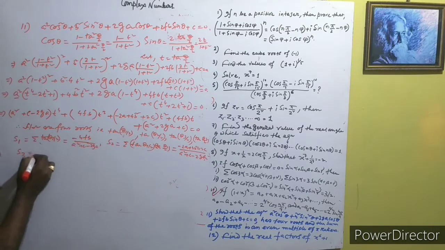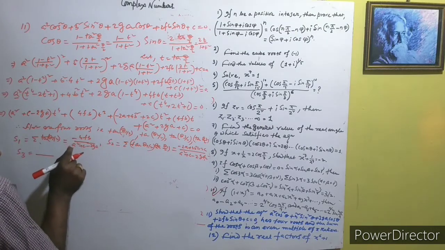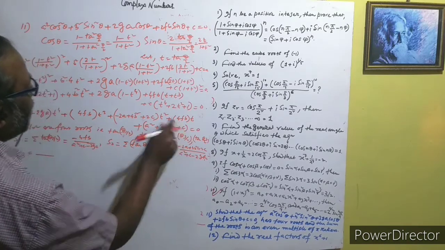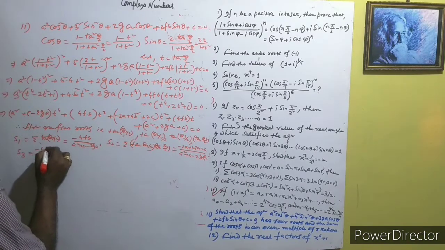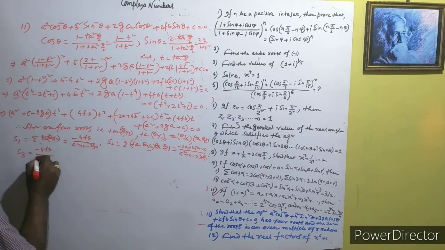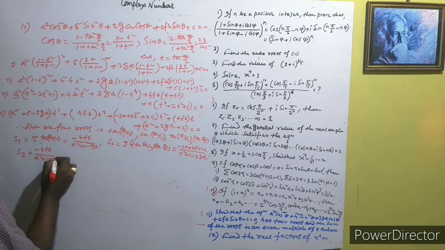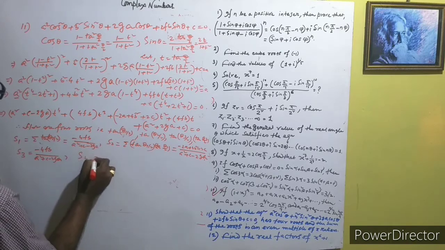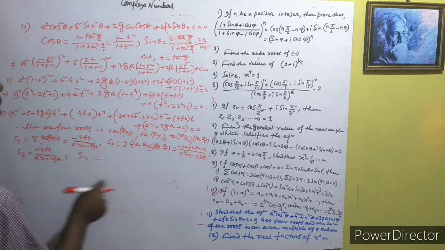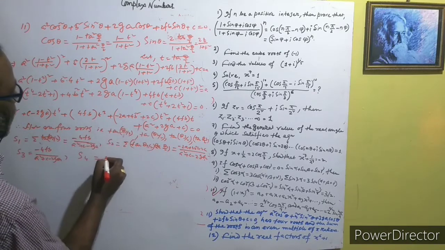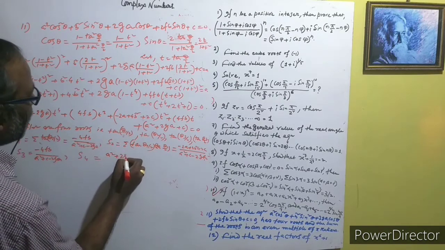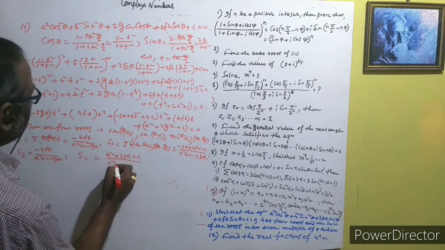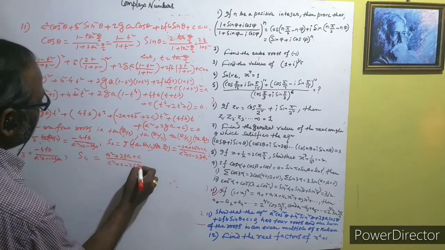And same as S3. S3 is equal to minus 4ab by a square plus c minus 2ga. Okay, S4 is equal to, this is minus here, so plus this by this: a square minus 2ga plus c by a square plus c minus 2ga.